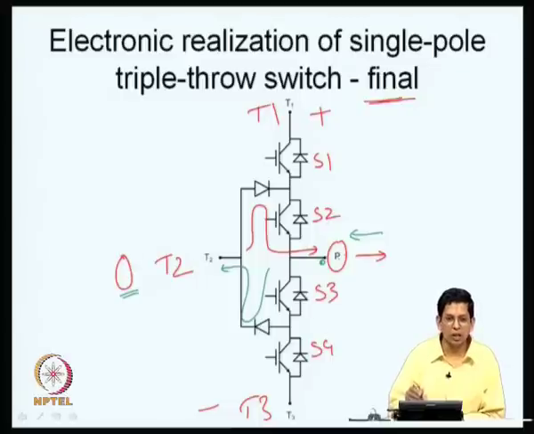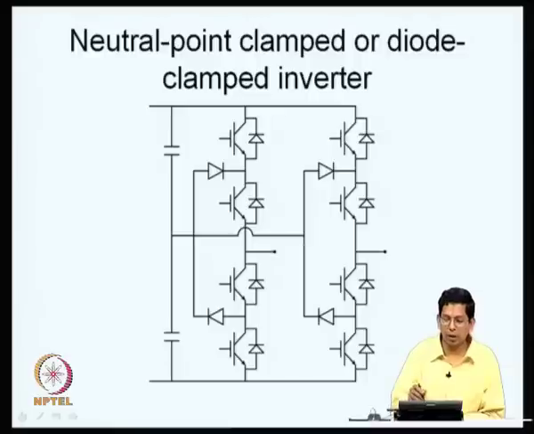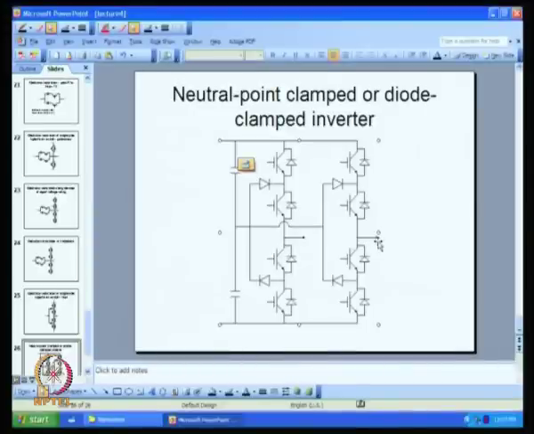If S1 is on, S4 will always be off and vice versa. So, this is a neutral point clamped or diode clamped inverter, because as I just mentioned, the DC bus neutral can get connected to this pole through these two by keeping S2 and S3 on, and it is called a diode clamped inverter because diodes are used to clamp that off.